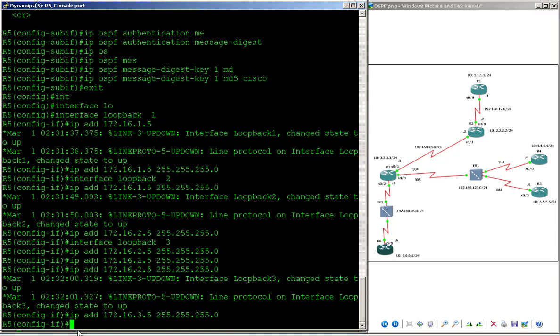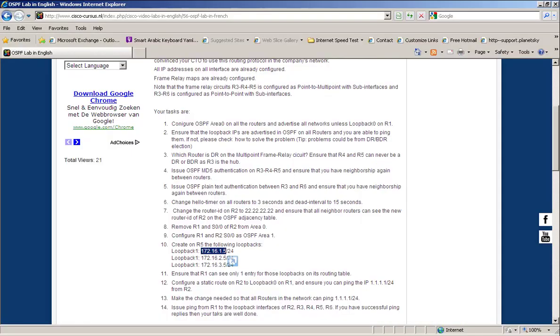Okay, so I created these loopbacks that will be advertised directly to OSPF because I used network 0.0.0.0. So now ensure that R1 can see only one entry for those loopbacks in its routing table.